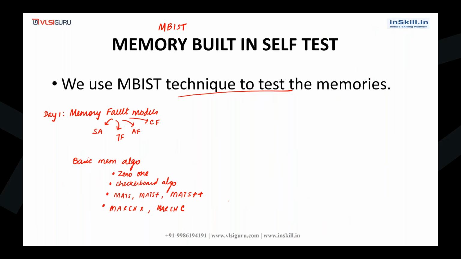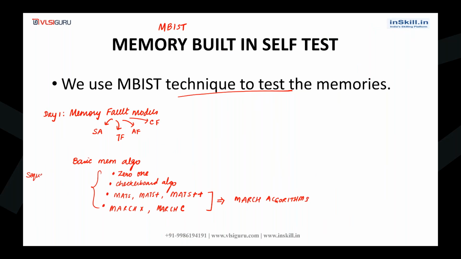And these all come under the March algorithms. All these things we'll try to understand. Okay. So in all these, we'll understand what is the sequence of each algorithm, since each algorithm will have a sequence.